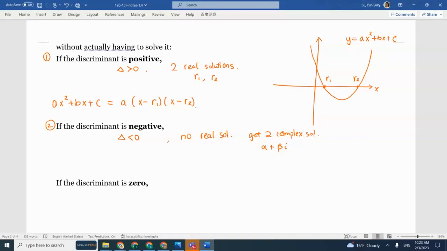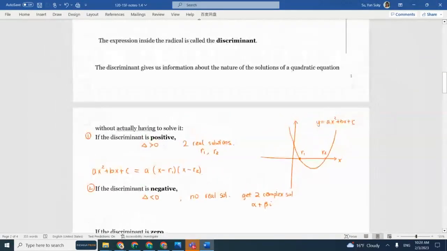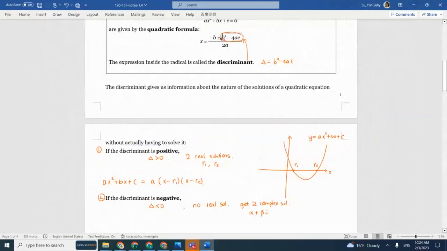Okay. And if you look at our formula, because the thing inside the square root is negative, you have an i right here. And then the alpha corresponds to the real part, which is -b over 2a. Right, everybody? And then the beta is the imaginary part.